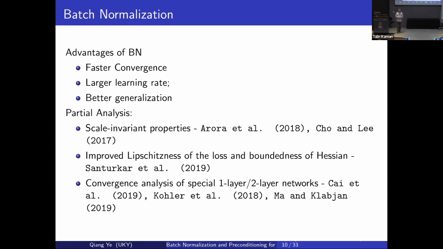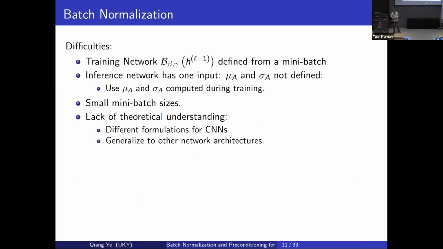Unfortunately, it's not very well understood. There are some limited analyses, typically involving certain aspects of it and or a shallow network, like a 1 or 2 layer network. I don't want to get into more discussion of that. But I want to mention some theoretical difficulties with this. One thing is that the batch norm operator is defined from a mini batch.